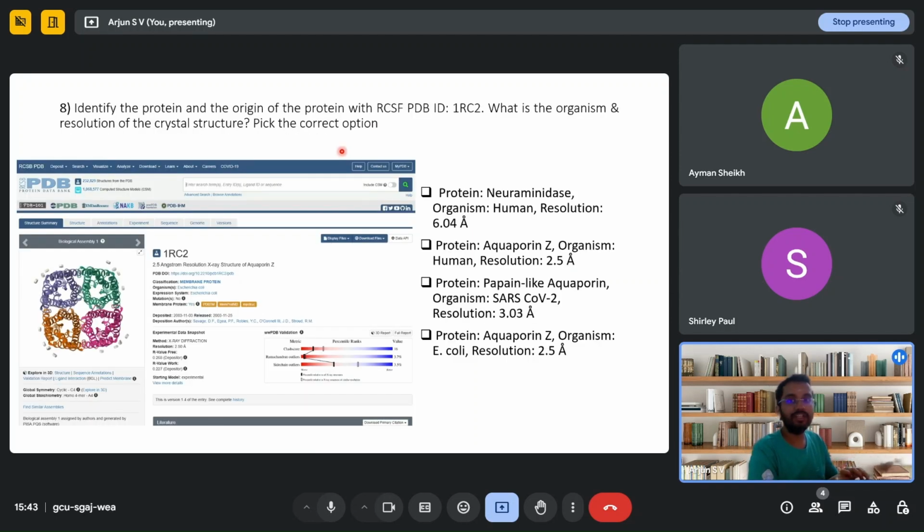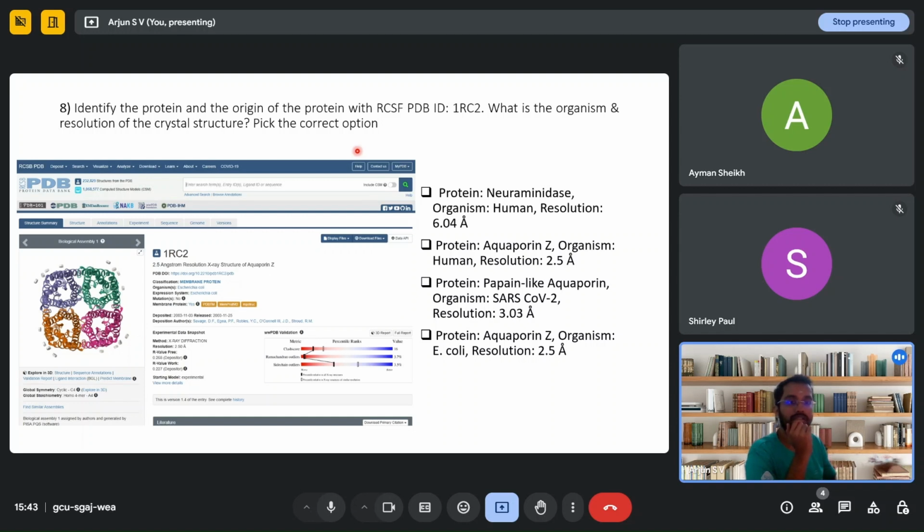So, identify the protein and the origin of the protein with RCSB PDB ID 1RC2. What is the organism and resolution of the crystal structure? Pick the correct option.